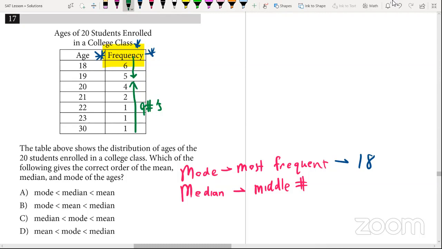So I'm taking the 6 of the 18s and 3 of the 19s to give me the 9 numbers. That means out of the 5 19s, I've taken 3 of them and I have 2 more. So there are 2 more numbers here that are both in the middle of this data set. 2 numbers. And what are those 2 numbers? They're both 19s. So what's the middle number? It's the number 19.